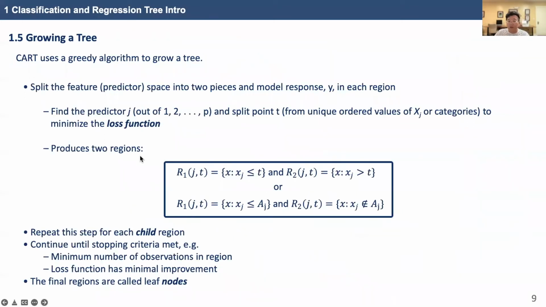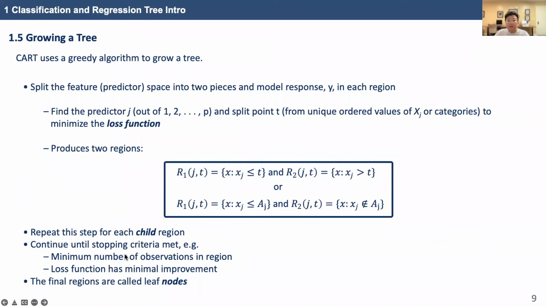Next, in order to minimize our loss function, CART uses a greedy algorithm to grow a tree. First, we split the predictor space into 2 pieces and model the response Y in each region. By doing that, we can find the predictor j and split point t that minimize the loss function, and we can produce 2 regions.